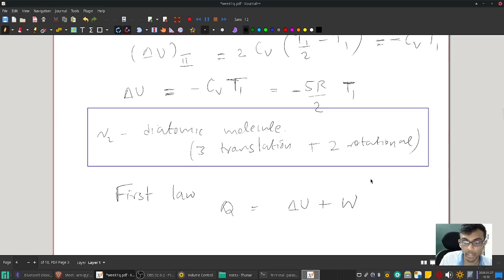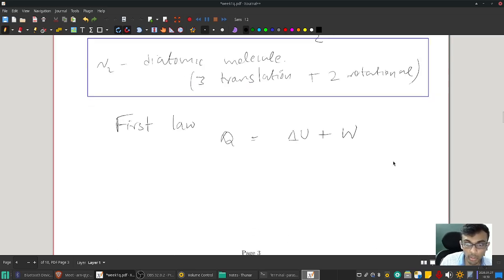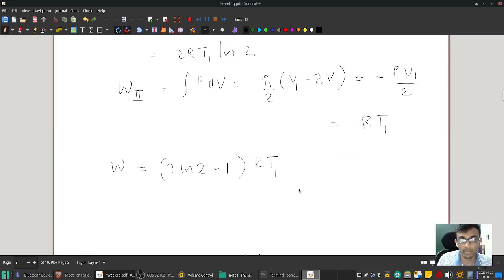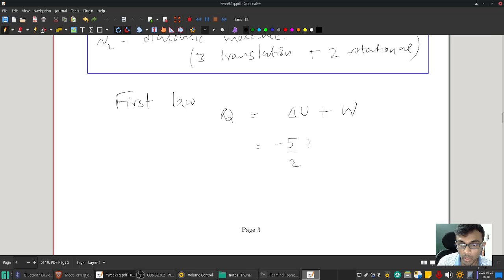We have calculated both of these. So if you combine everything, this is going to be (minus 5 by 2 plus 2 ln 2 minus 1) times RT1, where T1 was 300 Kelvin.